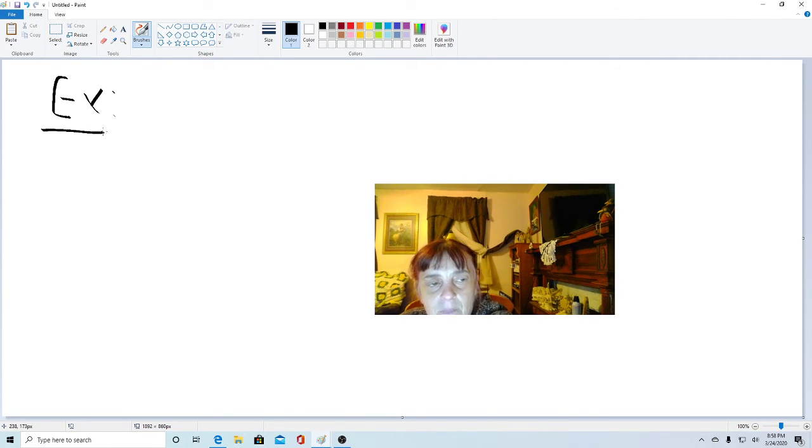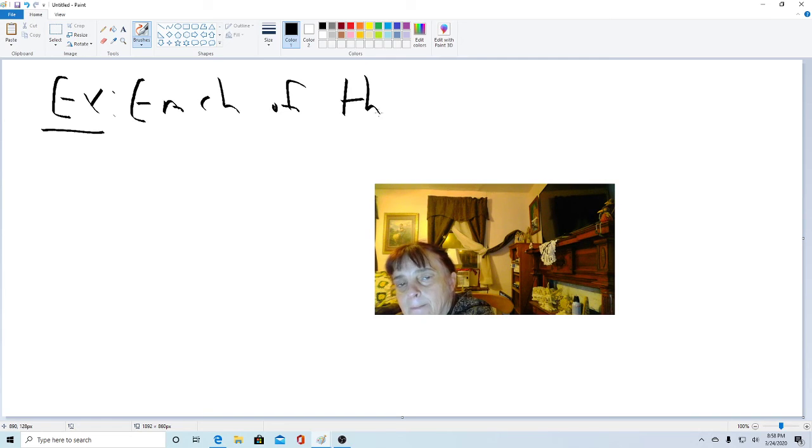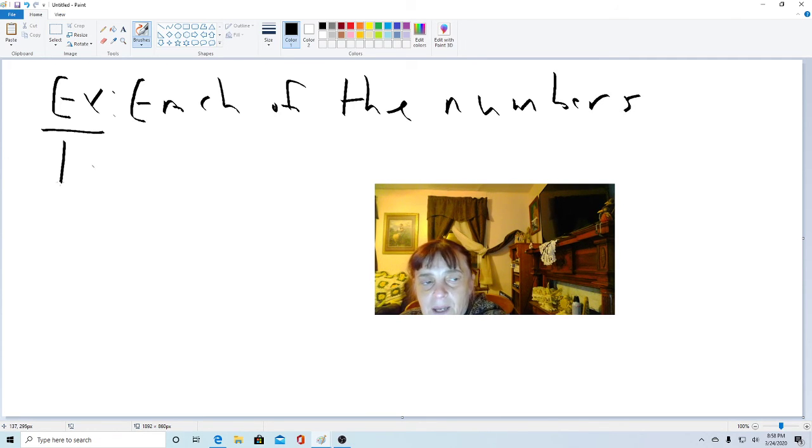Now, each of the numbers one through 9 is written on a sheet of paper.